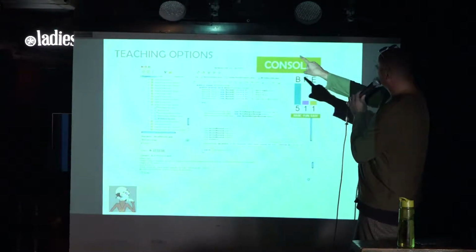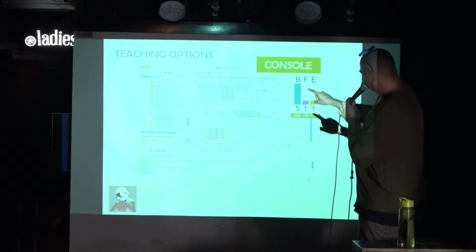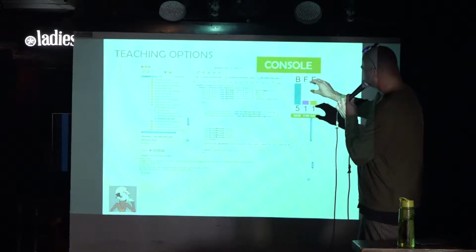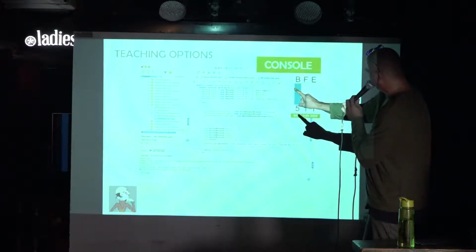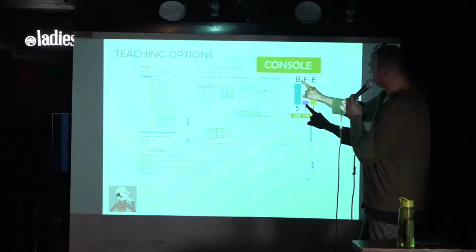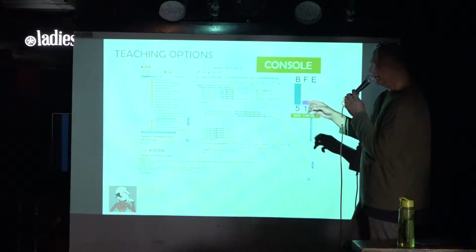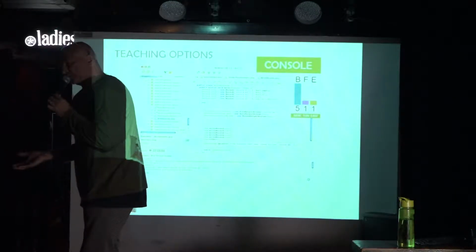So I've put a little rating here, and sorry for the blown out projector. There's various guides and colors in here as well. But anyway, it's basic. So this is basic. 5 out of 5 for basic. I don't think it's very fun to see just words. Now, it is to some degree fun if you're really into words and numbers.